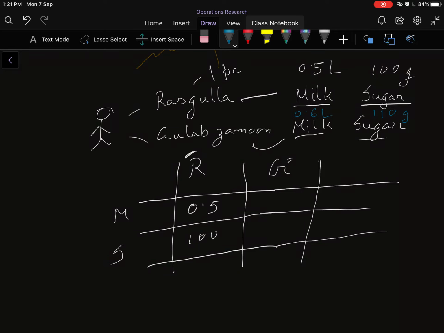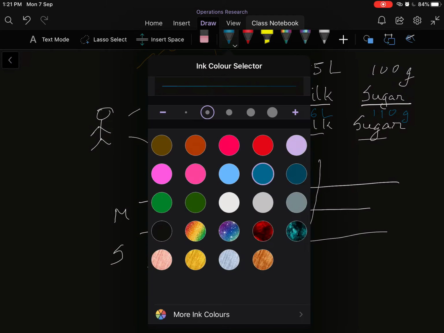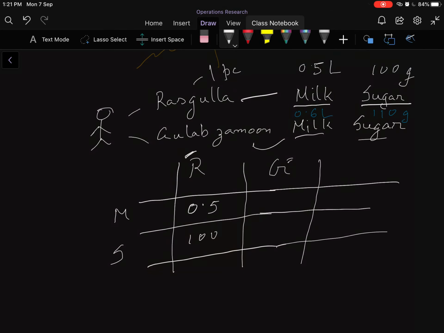Then in tabular form, for making one piece of gulab jamun, the milk required is 0.6 liter and the sugar required is 110 grams.